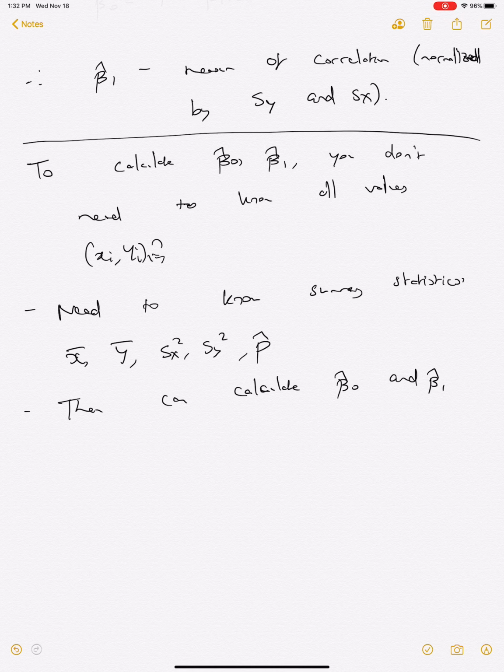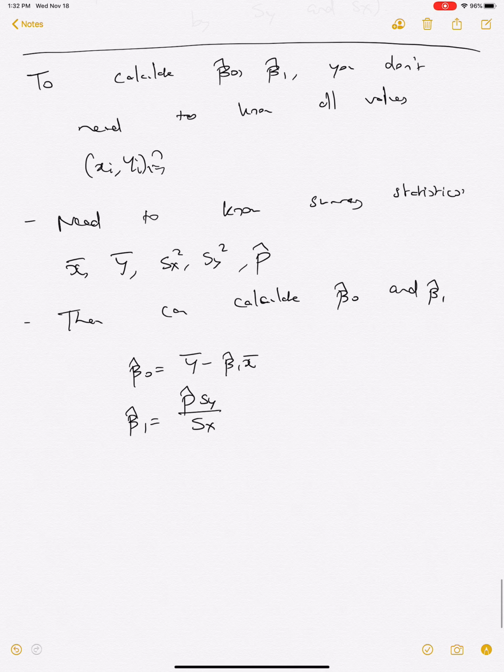Because again, I'll just remind you of these formulas that beta hat 0 equals y bar minus beta hat 1 x bar, and beta hat 1 equals rho hat times Sy over Sx. And just to make sure that there's no confusion, I'm going to write out these definitions again.